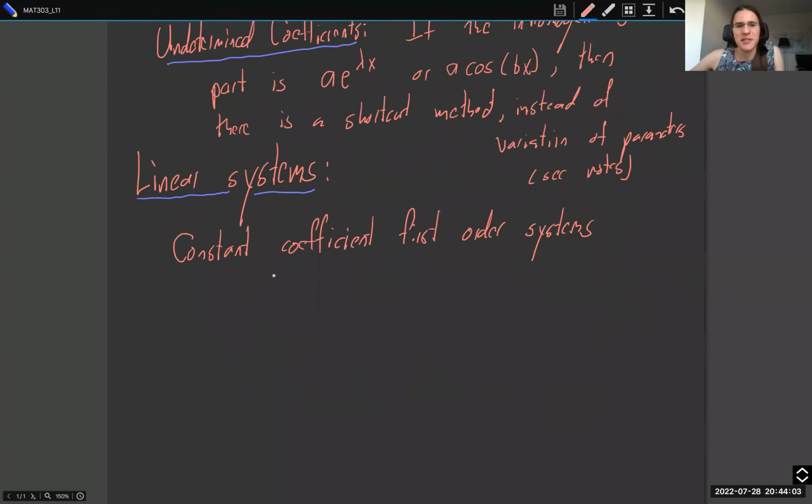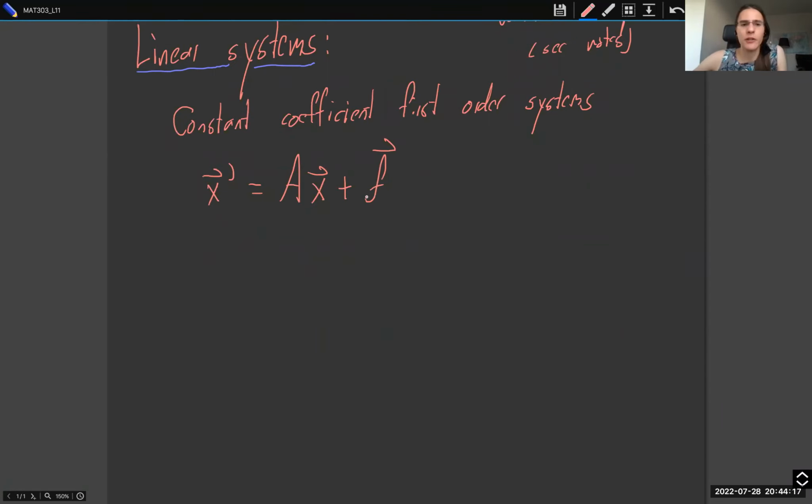Okay, so linear systems. So constant coefficient first order systems look like x vector prime is equal to A x plus f. And then for the homogeneous case, which we spent a lot of time solving, basically the short form of it was that we use the ansatz that x was equal to some unknown vector v times e^(lambda t).